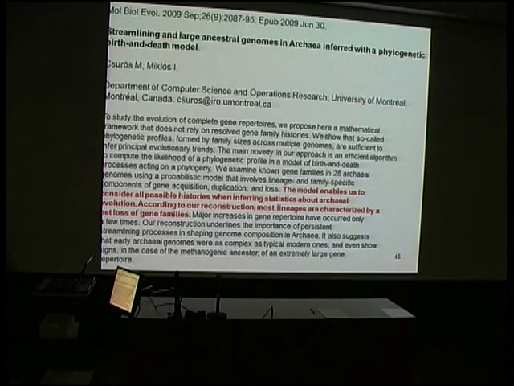When our colleagues made a rather sophisticated maximum likelihood reconstruction of the common ancestor of all the modern archaea, and we are now expanding the reconstruction, they came to the realization that most archaeal lineages are characterized by net loss of gene families.